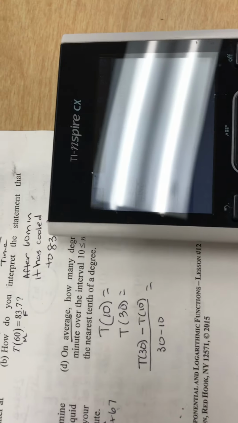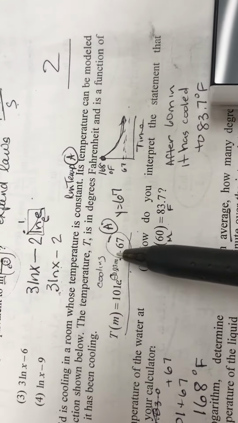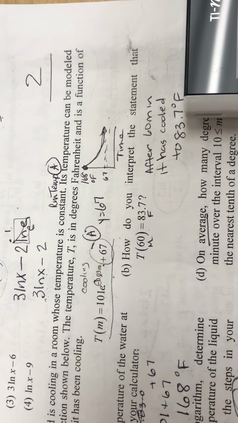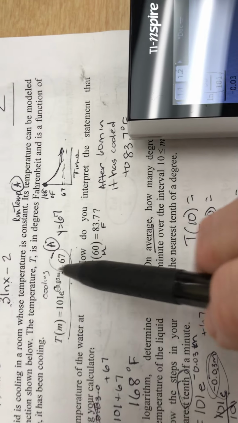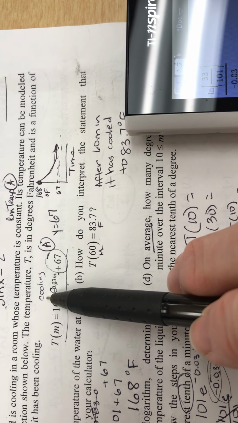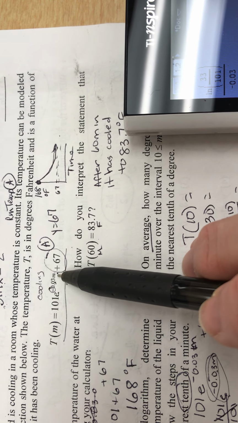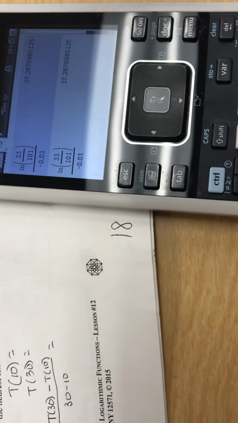So we need to plug into the formula a 10, and then we need to plug into the formula a 30. So you could either put this in the graphing part of the calculator, go to the table and look up those numbers, or just use straight substitution.